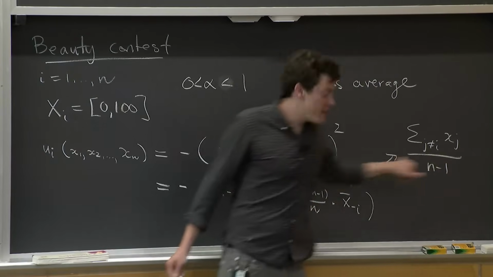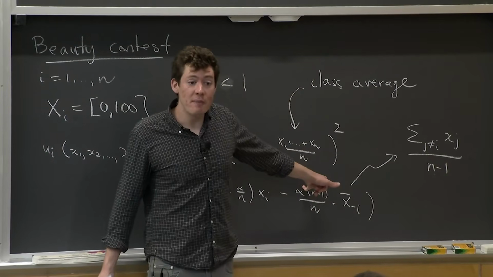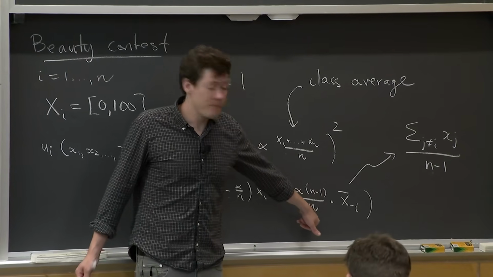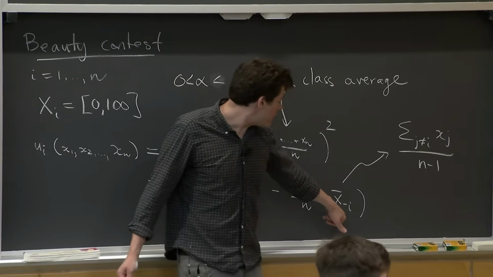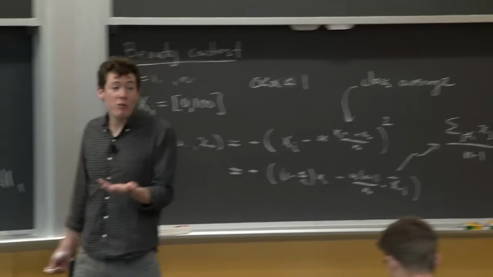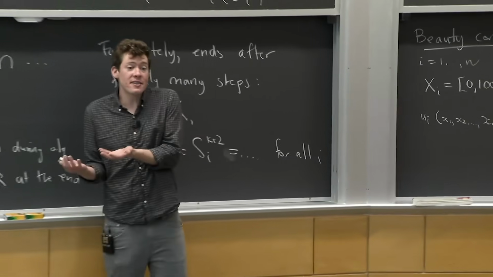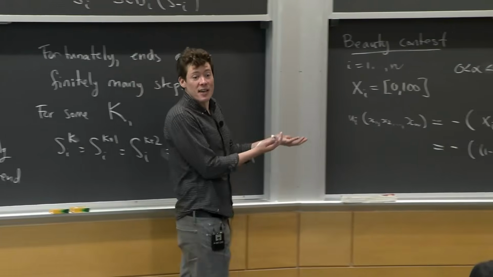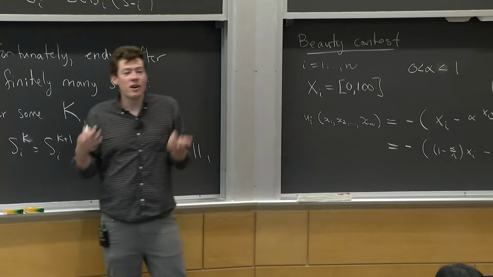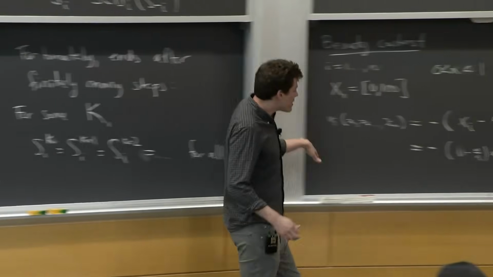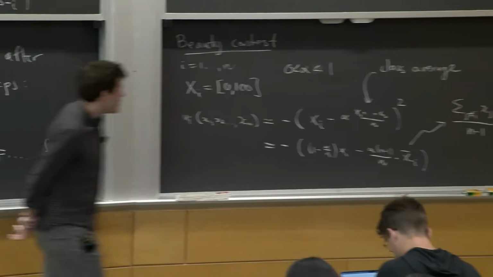I wasn't really supposed to do that, so I undid it by multiplying by n minus 1 over here, and I still have the n that I'm supposed to have on the bottom. And this is just nicer notation because this tells me the average of everyone else's guess. And that's really the way you think about this problem, right? You think about your guess, and you think about the average of everyone else's guess. It's a bit weird to think of the class average, which partly reflects your guess and partly reflects everyone else's guess. So this is just a slightly nicer way of writing it, though it makes things a little messier.